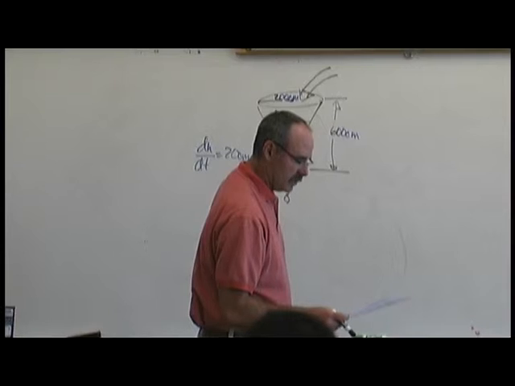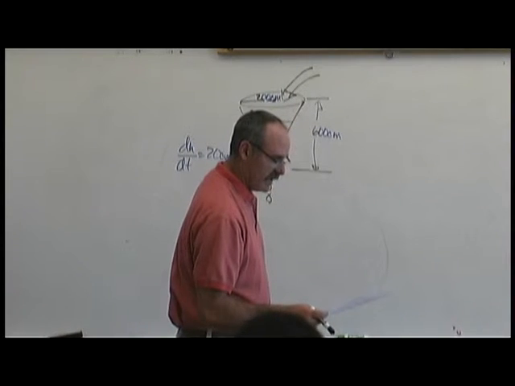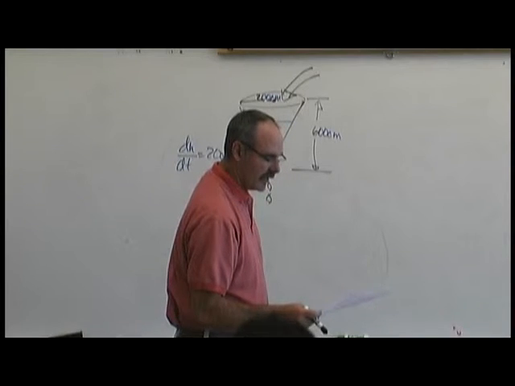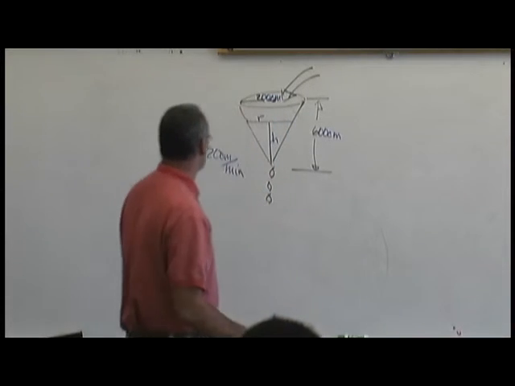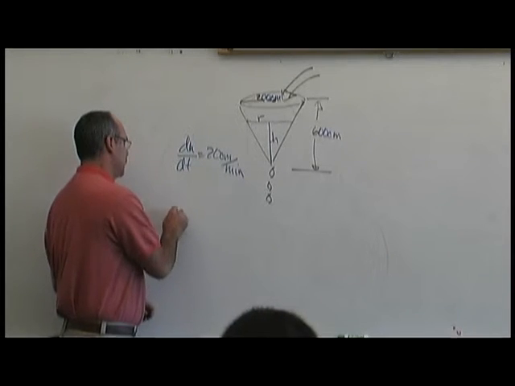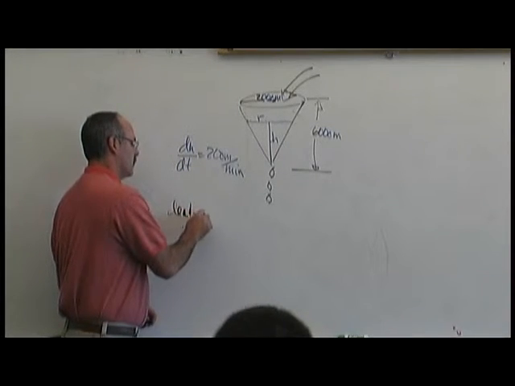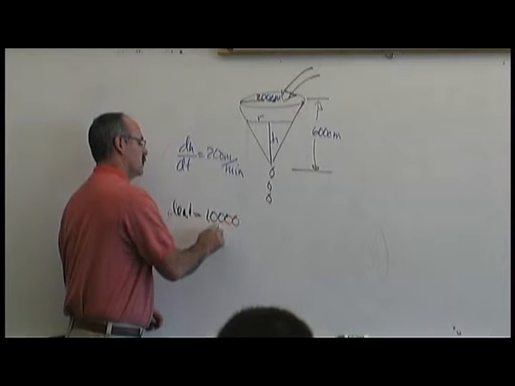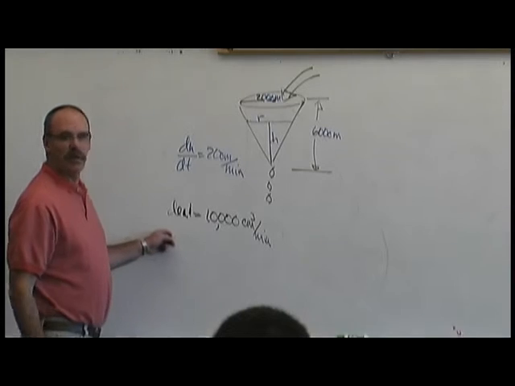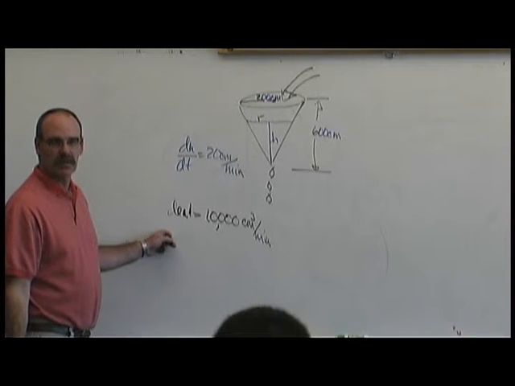We want to find how fast the water is being pumped into the tank when h is 2. So here's the problem. It tells me that the change in volume is leaking out at 10,000 cubic centimeters per minute. And we don't know how fast it's being pumped in.